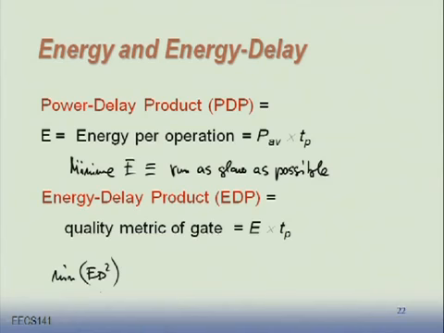If you differentiate energy with supply, you'll find out that it's a power of 2. If you differentiate delay with respect to supply, it's a power of 2 minus. Nobody uses it. It's just for textbook purposes.